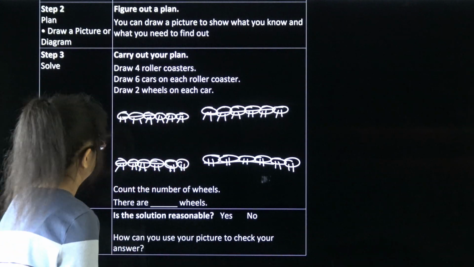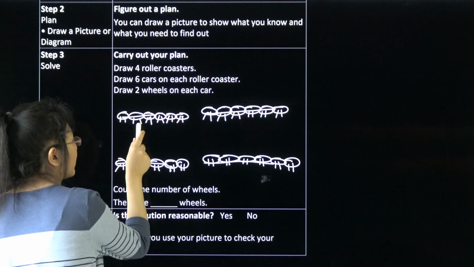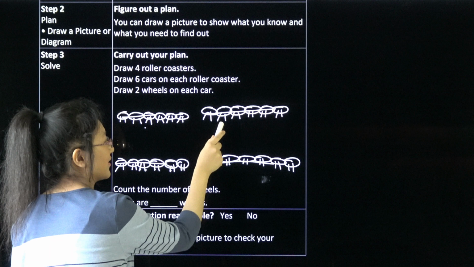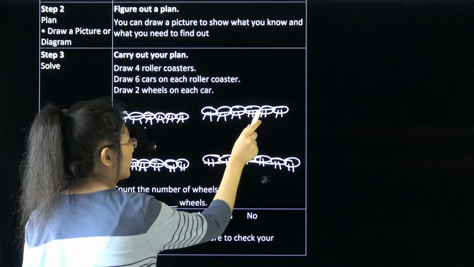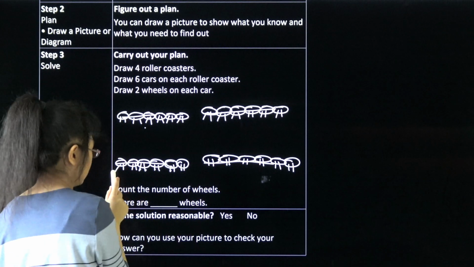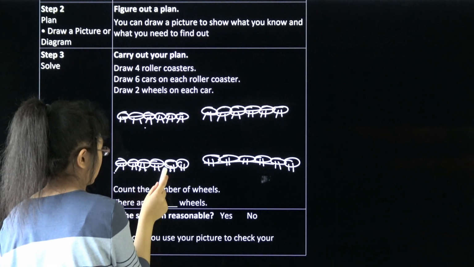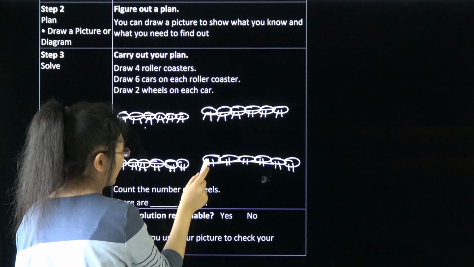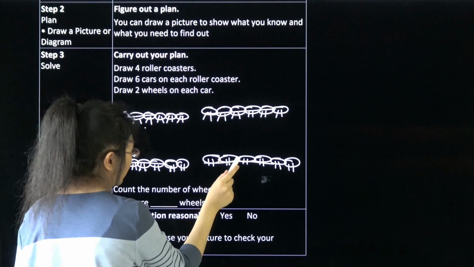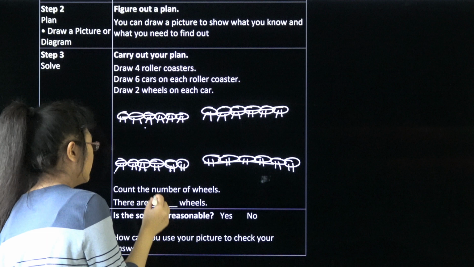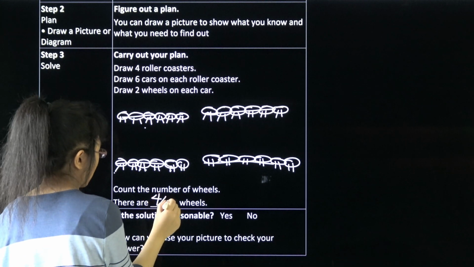Count the number of wheels. 1, 2, 3, up to 48. So there are 48 wheels.